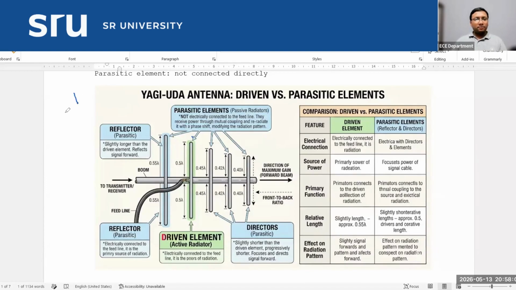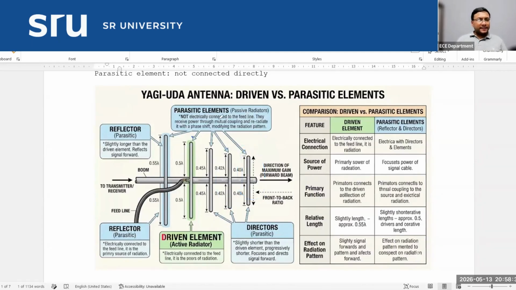This is a full wavelength radiator. However, these parasitic elements have, for example, 0.45 lambda, this is 0.42 lambda, this is 0.4 lambda, and so on.